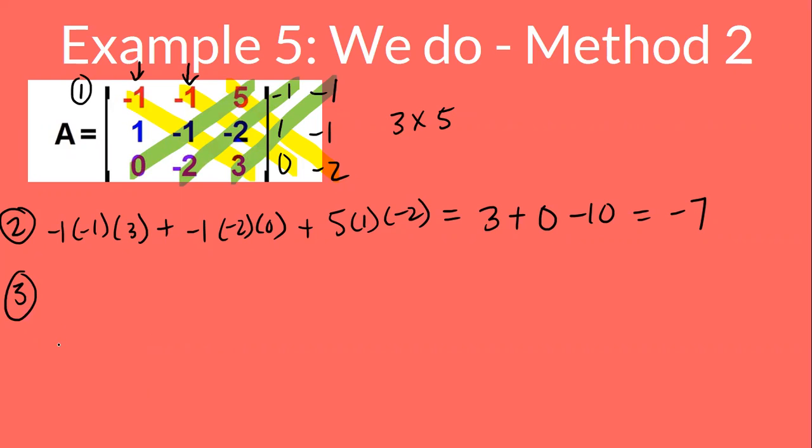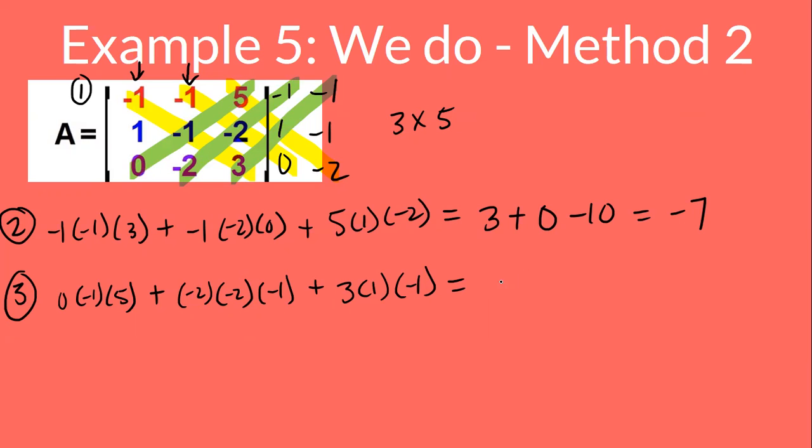Because addition and multiplication are commutative, it does not matter how you write them out. So I have 0 times -1 times 5 plus -2 times -2 times -1 plus 3 times 1 times -1.